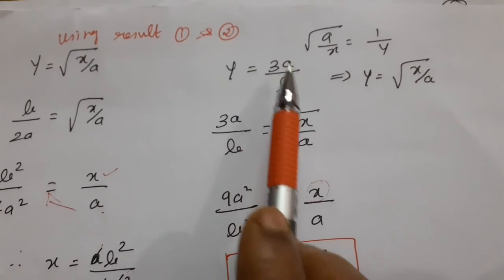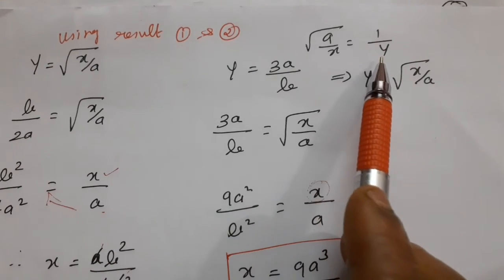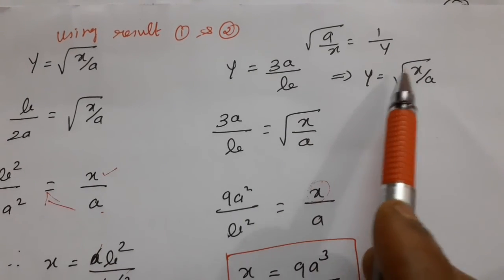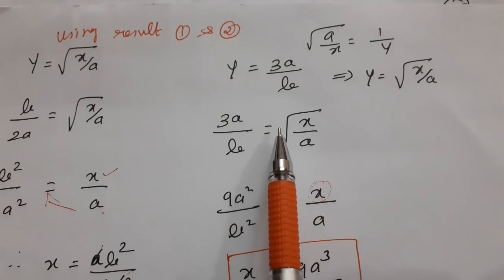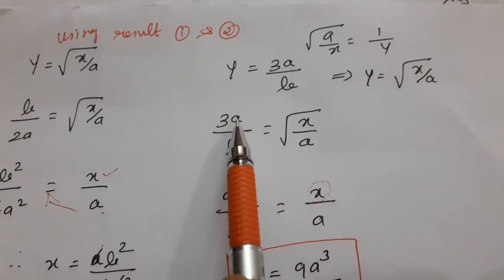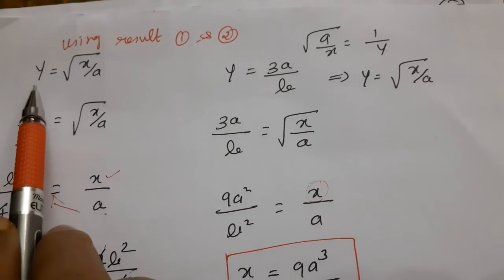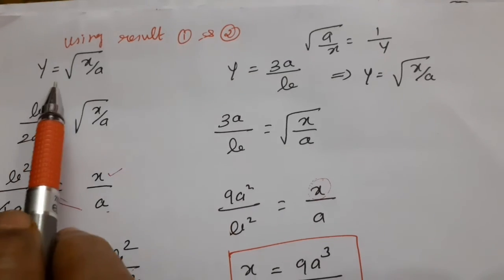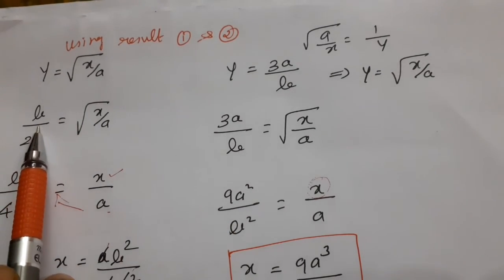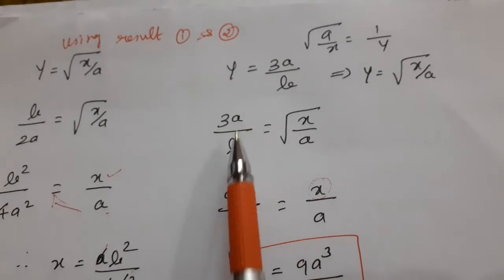Similarly, root of a by x is nothing but 1 by y, where y equal to root of x by a. You substitute the other value: instead of y you substitute 3a by b. After solving the quadratic equation we get two values for y. One value, substitute y equal to b by 2a. Another value, substitute y equal to 3a by b.